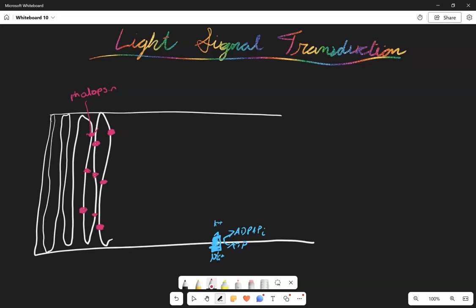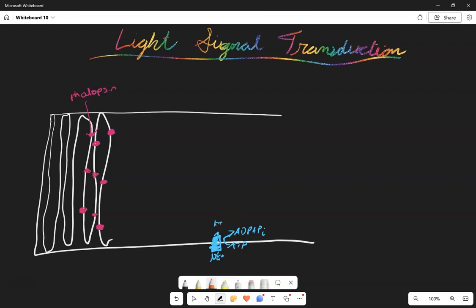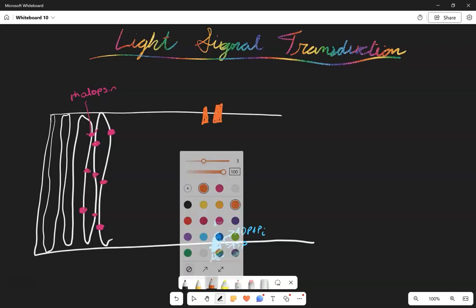The other thing that is going to be present on this cell is a sodium channel, but this sodium channel is a little bit different in that it is a ligand gated channel.